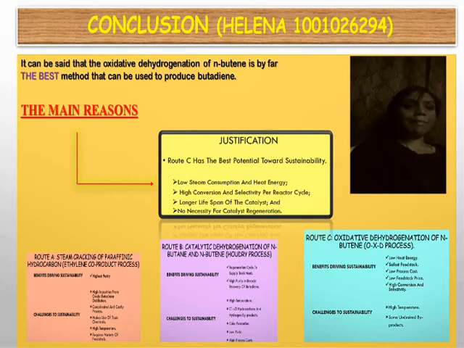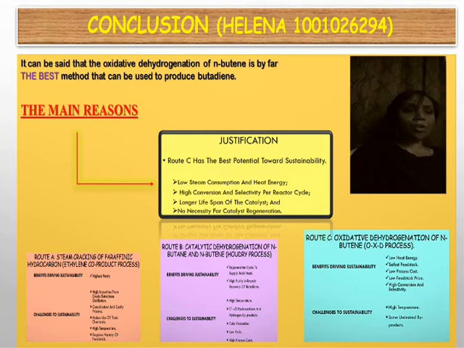Also, it makes use of toxic chemicals and it produces high impurities from the crude butadiene distillation process. The Houdry process or Route B is not chosen as the best process to produce butadiene because of its low yield and high process cost. Also because it produces a large amount of coke as a byproduct in its process.